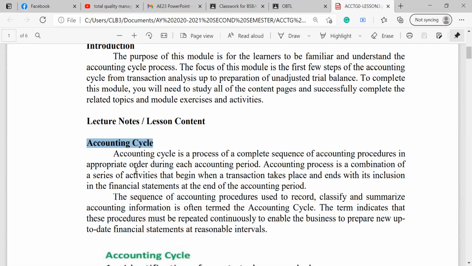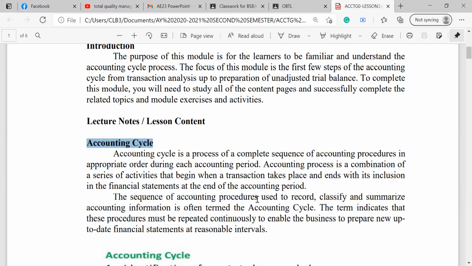So, ina-analyze muna natin ang transactions if it is accountable or not. And once we identified na accountable ito, dadaan siya sa proseso hanggang sa mai-present mo siya at ma-include mo siya sa financial statements. And usually, yung financial statements na yun, piniprepare natin at least at the end of the accounting period.